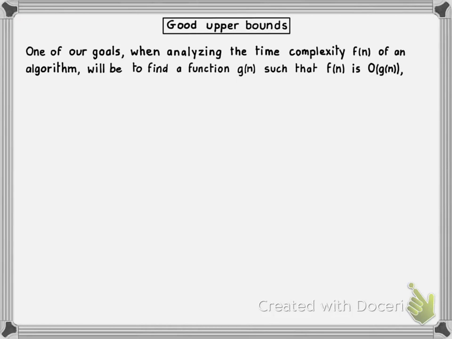So the conclusion of this little discussion is that we're not just interested in any function g of n. We're interested in finding an upper bound for f of n, namely a function g of n, but that function should be as small as possible.